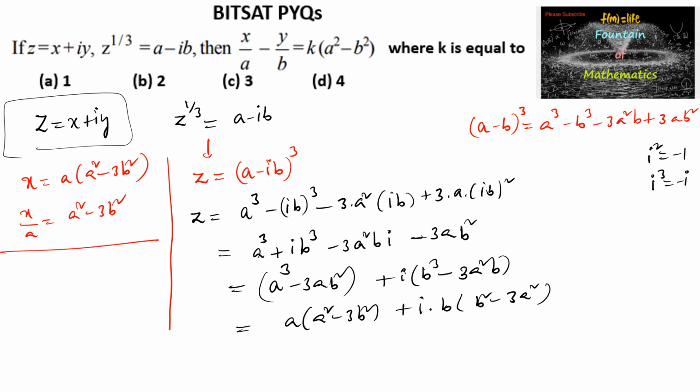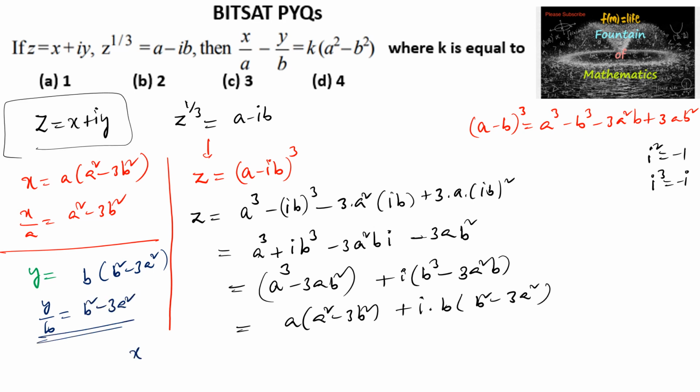Similarly, y is equal to b times (b square minus 3a square), or y upon b is equal to b square minus 3a square.